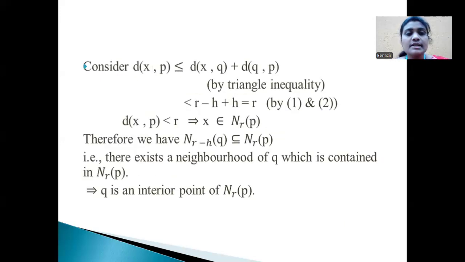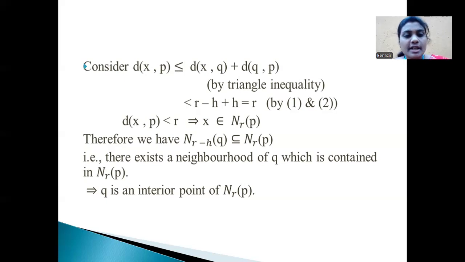Now consider d(x, P) is less than or equal to d(x, Q) + d(Q, P), by the triangle inequality. This is less than r - h + h, which is equal to r, from equations 1 and 2. So now d(x, P) is less than r, which implies x belongs to the neighborhood N_r(P). Therefore, we have N_{r-h}(Q) is a subset of N_r(P).